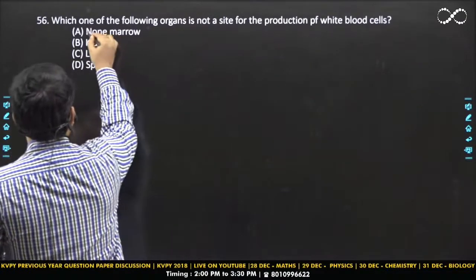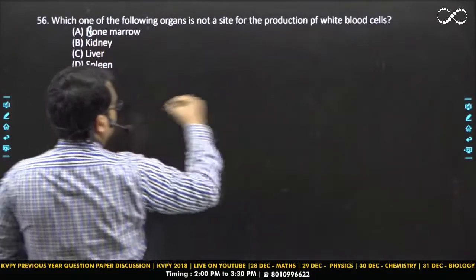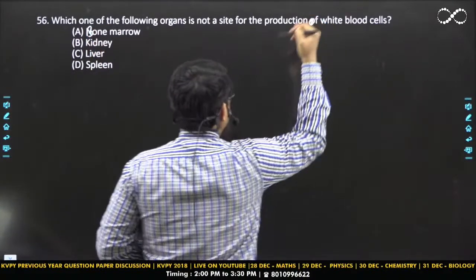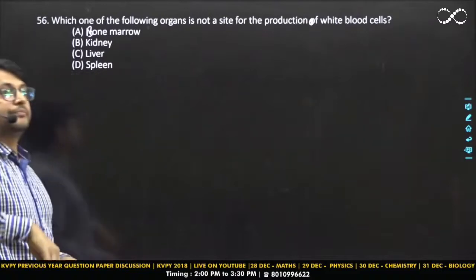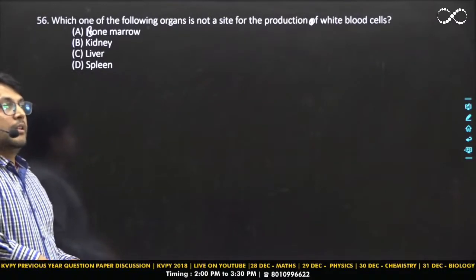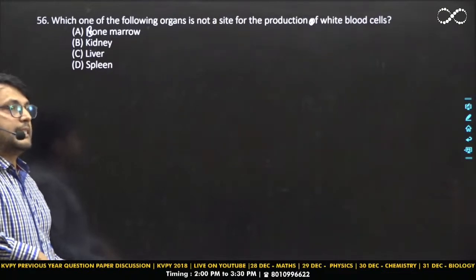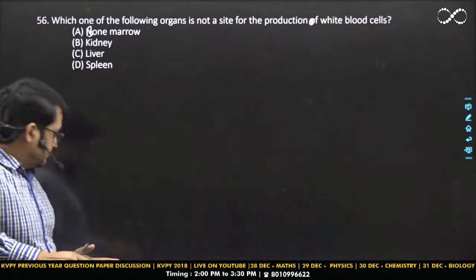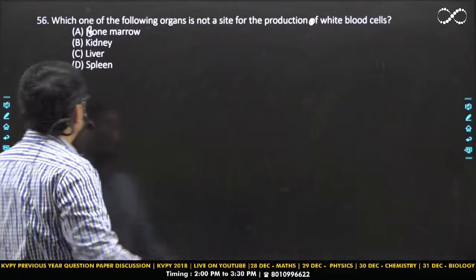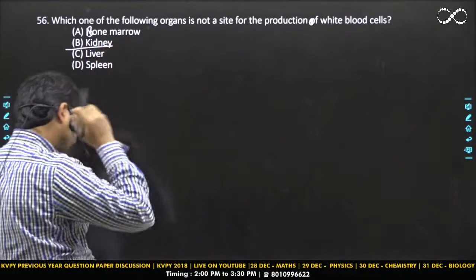Yeah, that is a spelling mistake. It is bone marrow. Bone marrow, correct. Great, yes. So most of you are saying B, that is kidney, and that is the right answer, right?